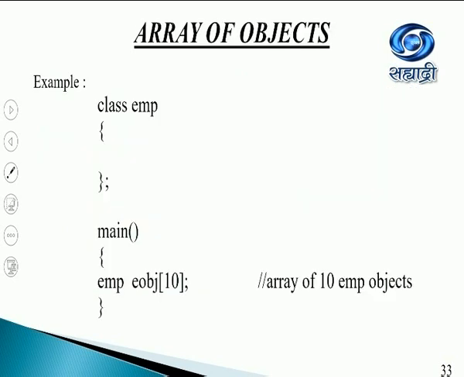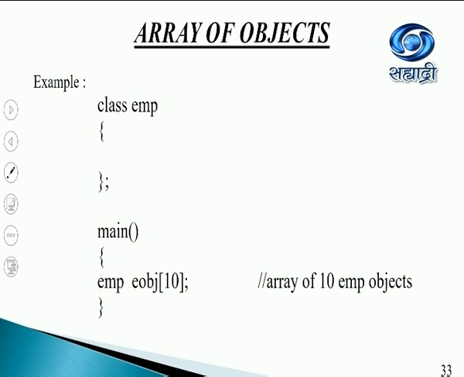For example, I've taken a class employee, so EMP. I've simply closed this class. I've not written anything here. Just to explain to you, I've taken main and I have created an EMP object array of 10 elements. So this will create 10 objects of the EMP class. All of them will have the same name, but the index will be different.